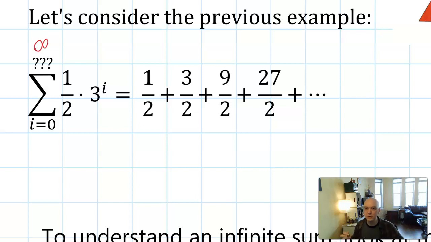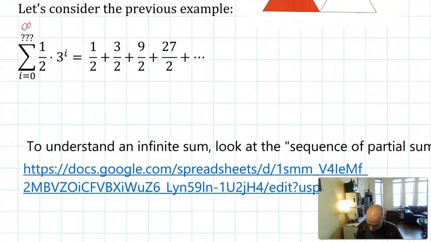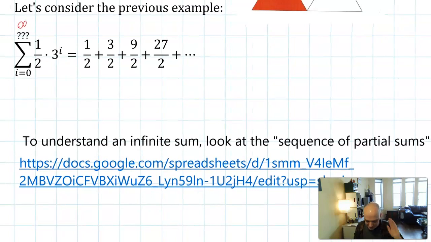Well, one way to explore what's happening with these sums, instead of writing them out the long way, is to consider what is called the sequence of partial sums. The sequence of partial sums is effectively the sum of the first two terms. The first term is 1/2, and then we could do 1/2 plus 3/2, which is 4.